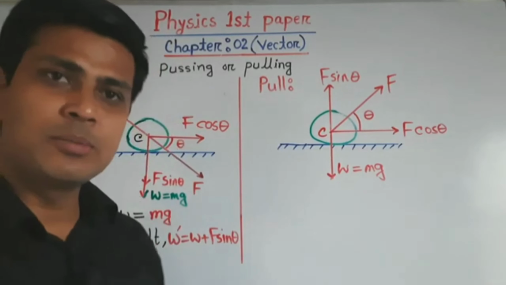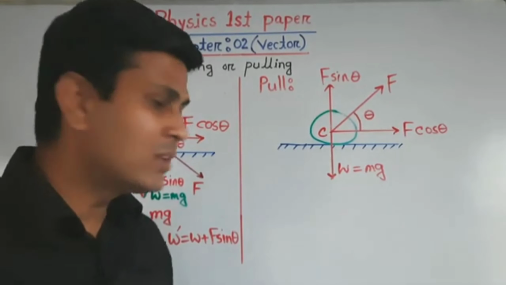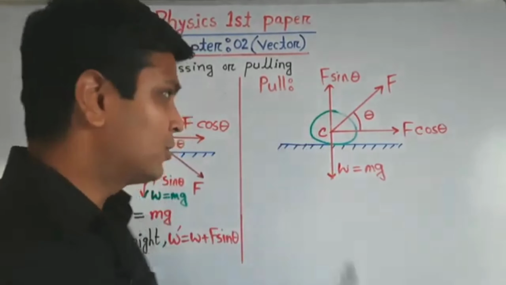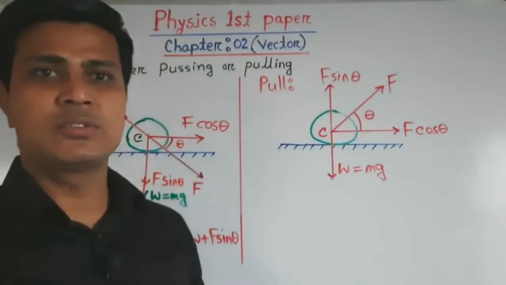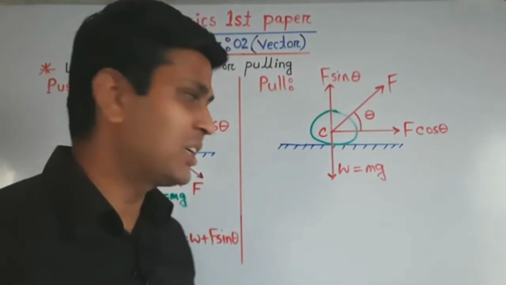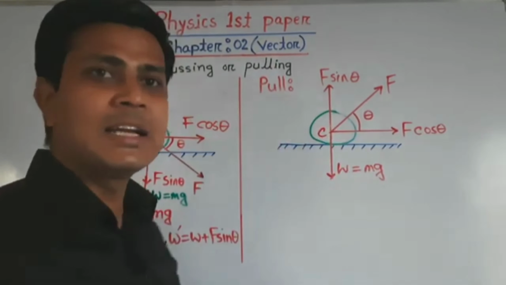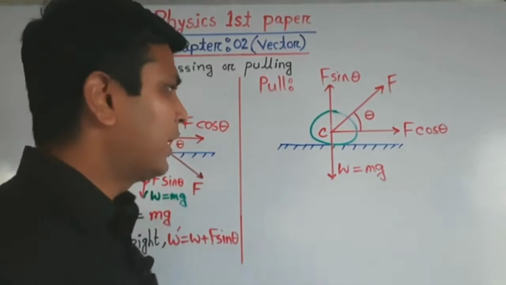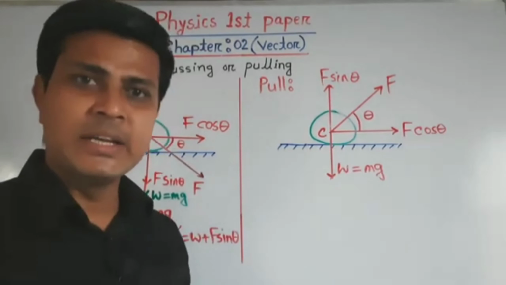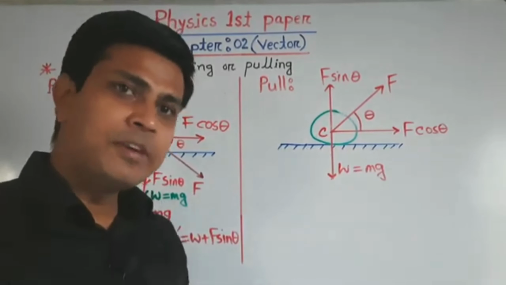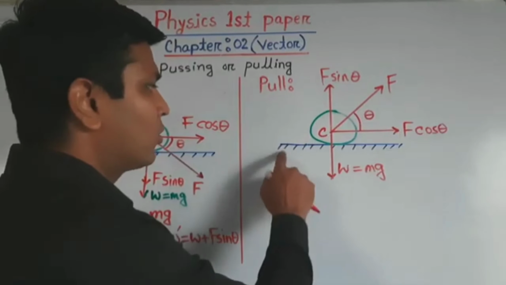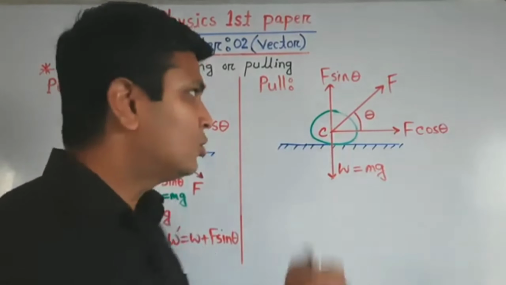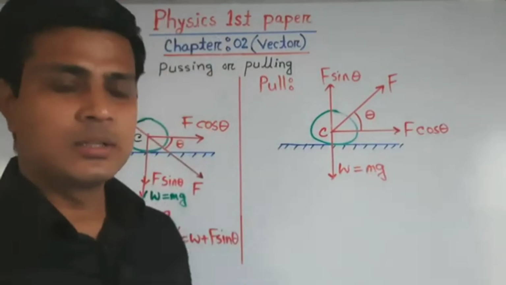This is the real weight of the body. And here you can see the weight and the vertical component of the applied force are opposite to each other. So the resultant will be the subtraction of the weight and the vertical component of the applied force. That is why the apparent weight of the lawn roller will be decreased and the friction of the lawn roller with the road will be decreased and it is easy to pull the lawn roller.